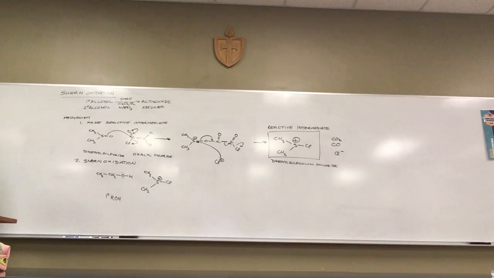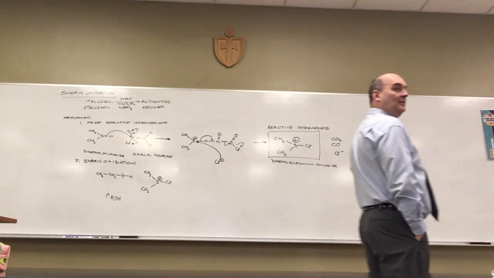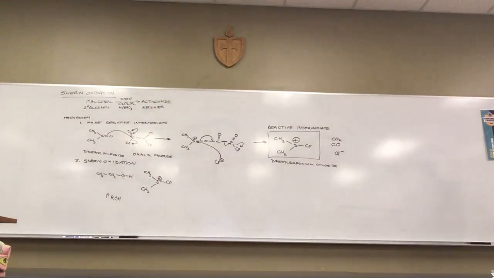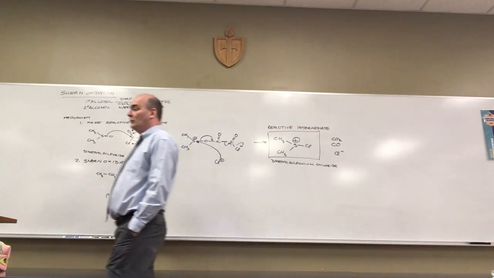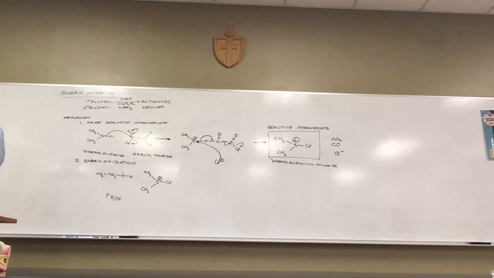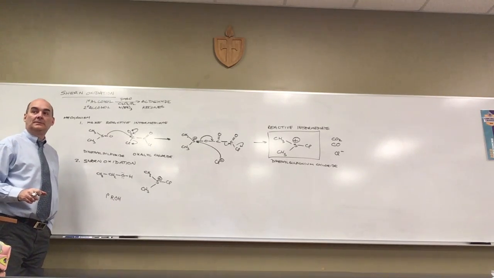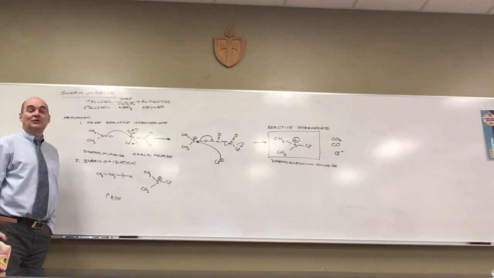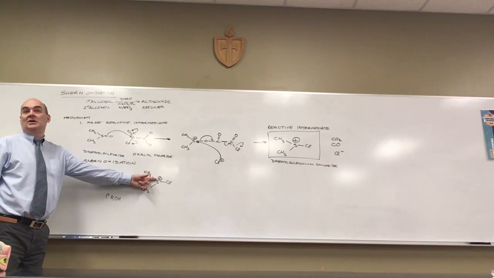Reactive intermediate. Figure out where the area of high electron density is. Figure out where the area of low electron density is. And have one reach out and grab the other one. Where's my arrow going to come from? Okay, where's it going to go to? To where the positive charge is.